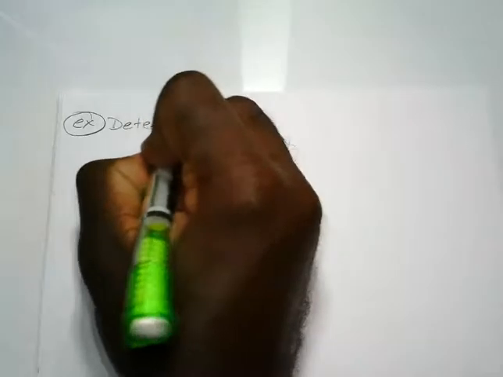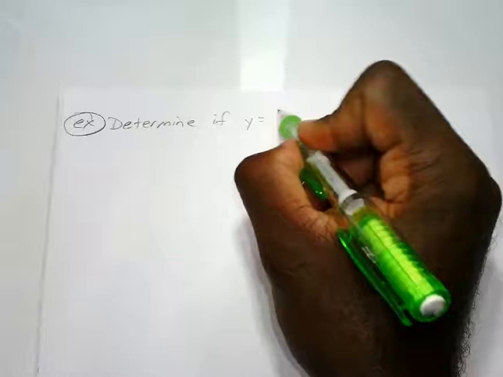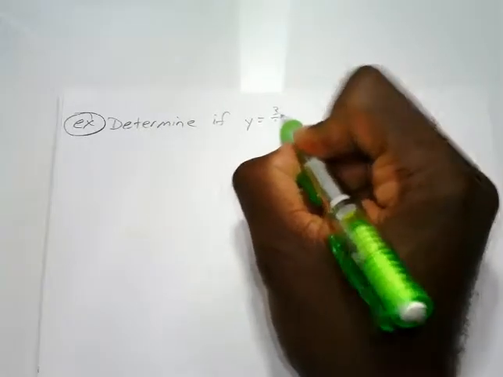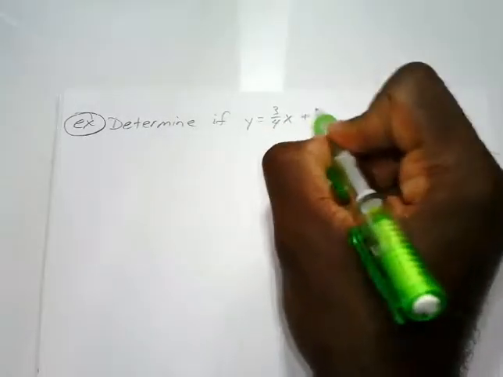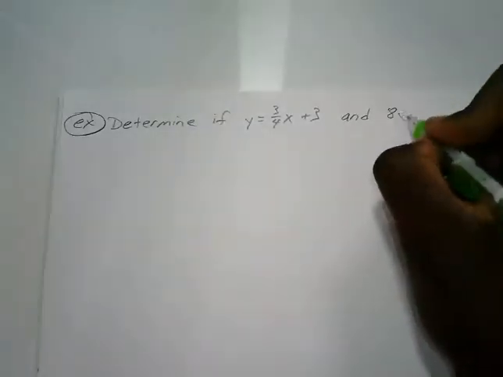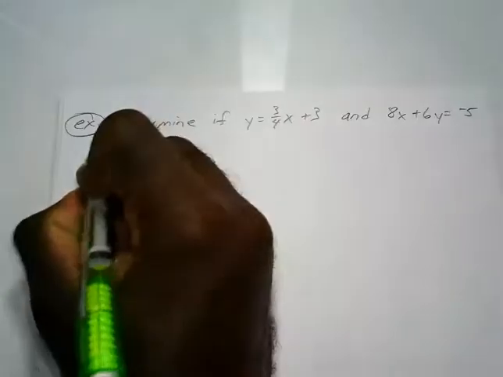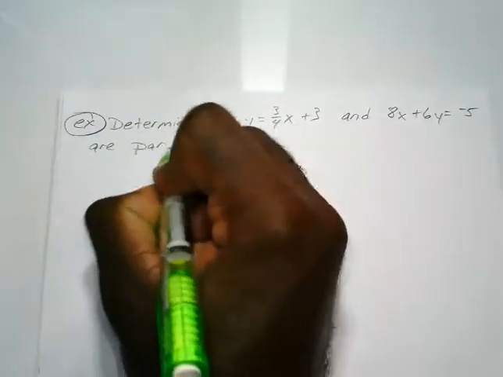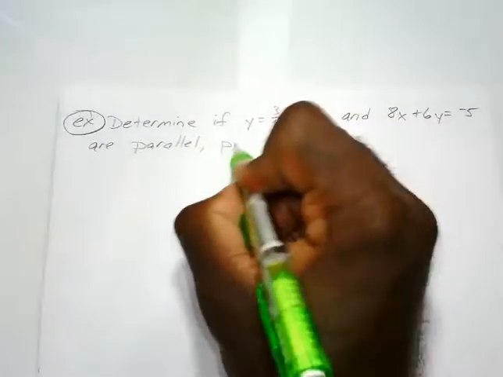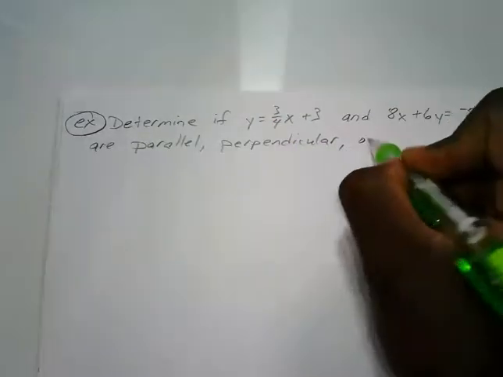All right, so let's say, for example, determine if y equals 3 over 4x plus 3 and 8x plus 6y equals negative 5 are parallel, perpendicular, or neither.